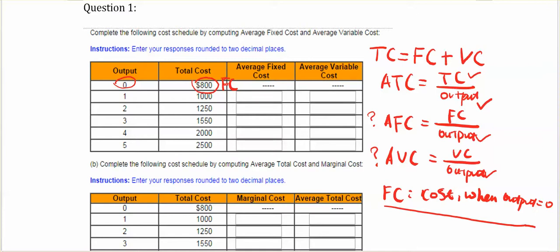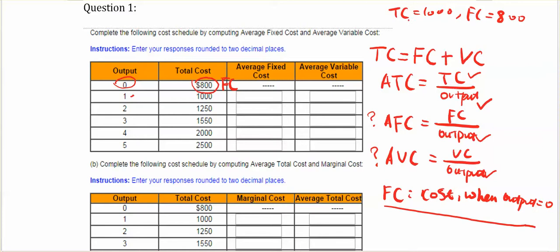The fixed cost will not change, even if your output changes. When the total output equals 1, we find the total cost increased to 1,000. So the total cost equals 1,000 and the fixed cost equals $800. It never changed.